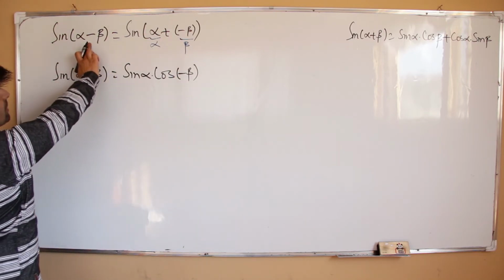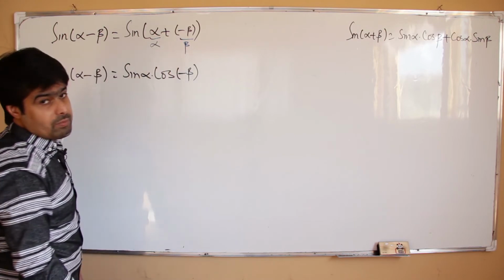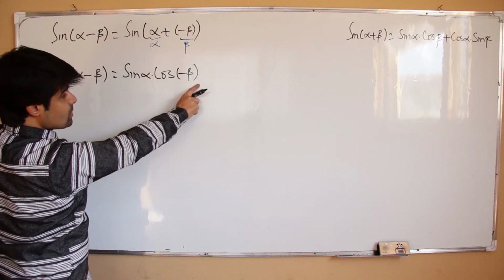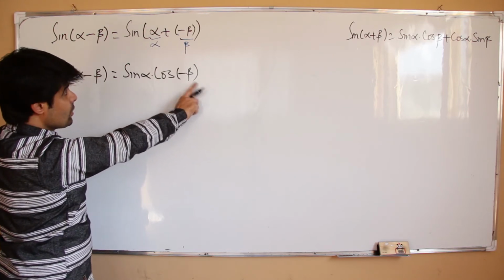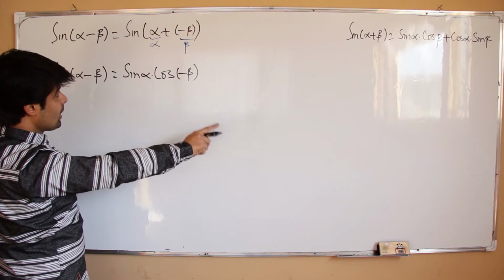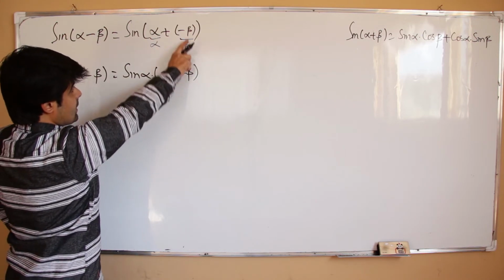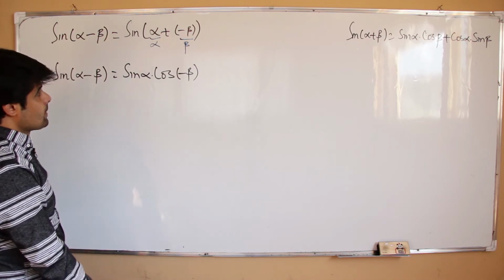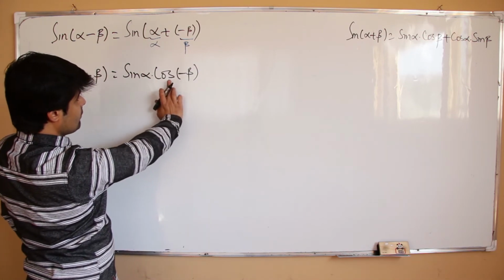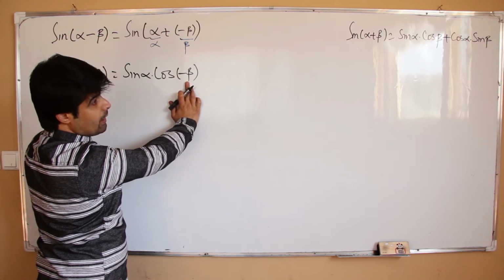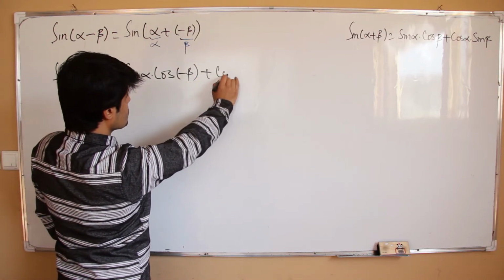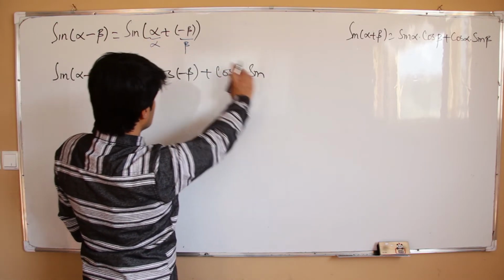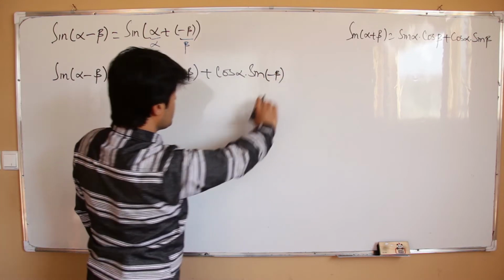So this formula for sine of alpha plus beta we can use here, but you have to write alpha instead of alpha and minus beta instead of beta. Am I right? Yes. So sine of alpha is sine alpha, cosine of minus beta, plus cosine of alpha is alpha, and sine of beta is minus beta.